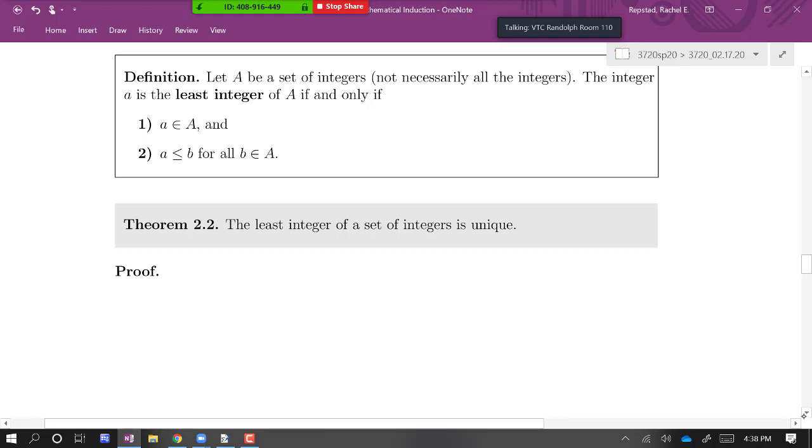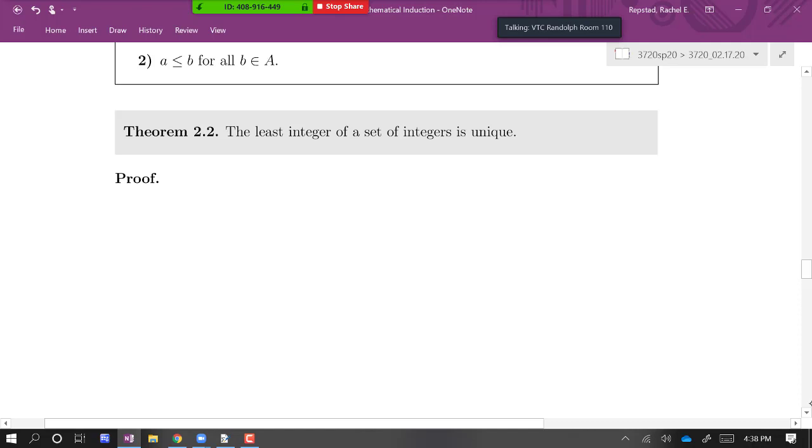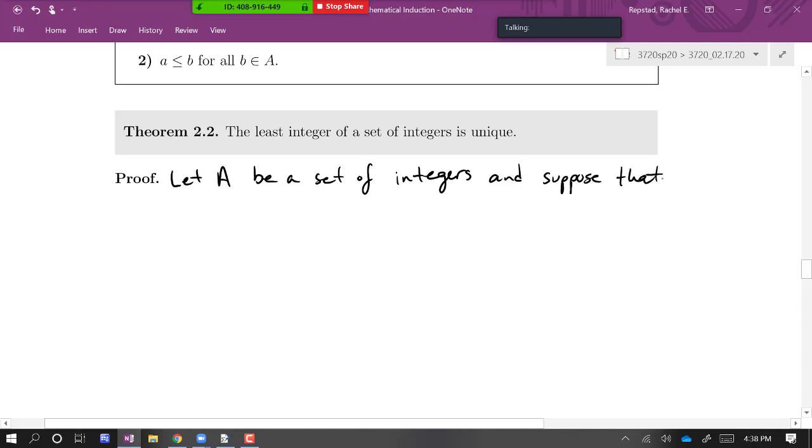We will show this. We're going to take any old set of integers, and suppose that it has two least elements, least integers, and then we'll show that those are in fact the same. So A and B, elements of the set, are both least integers.